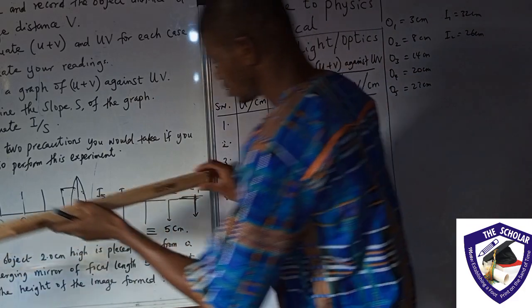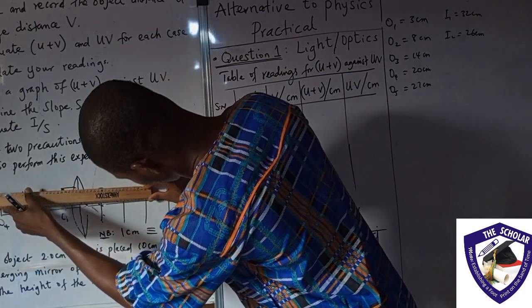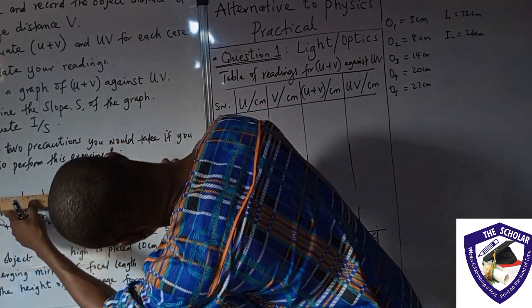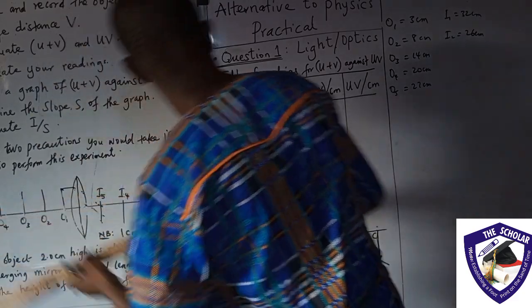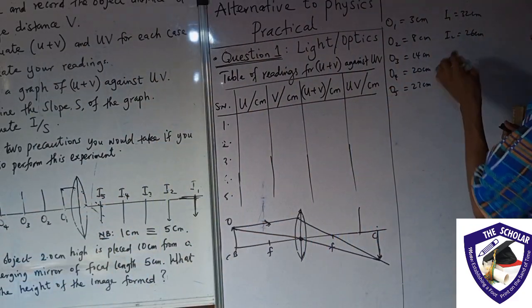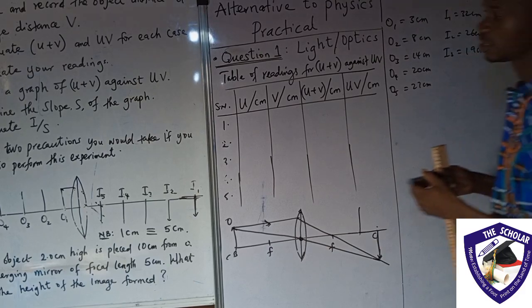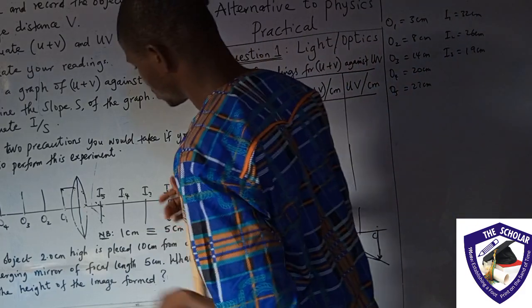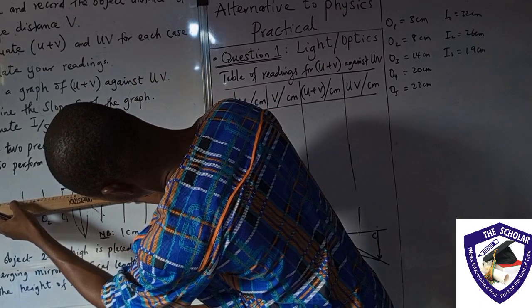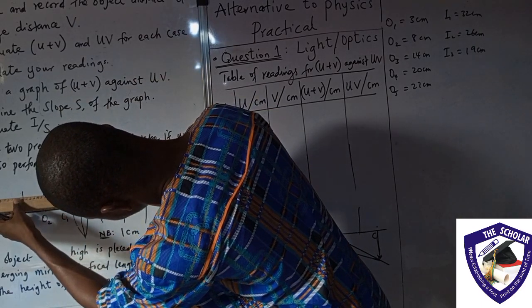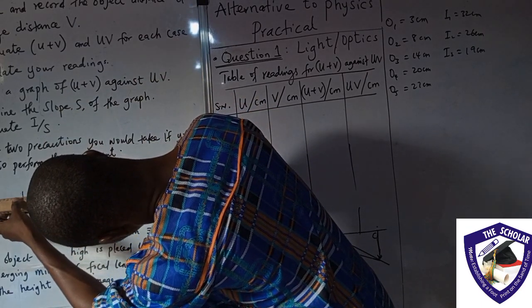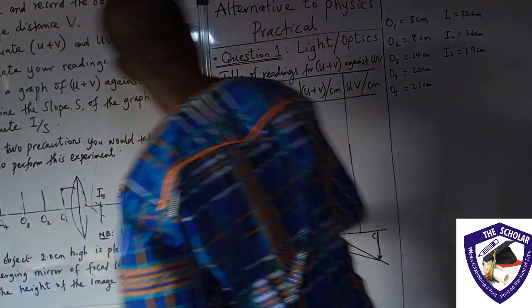My I3, from the origin again, taking it this way, is 19 centimeters. My I4, from the origin as well, is 11 centimeters.